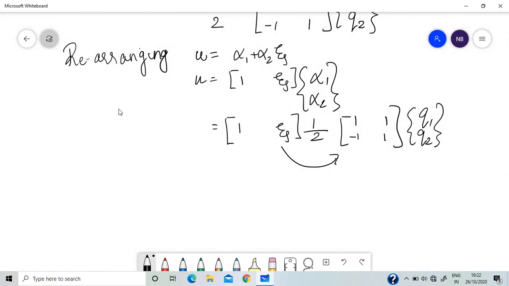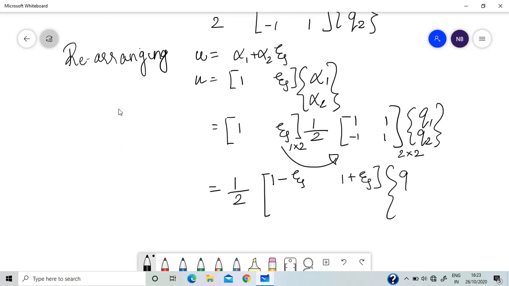Now I need to multiply these two, so I will have 1 minus zeta. This is a 1 by 2 matrix and this is a 2 by 2 matrix. The resultant matrix should be of size 1 by 2, that is 1 row and 2 columns, and this is 1 plus zeta multiplied by q1 and q2.